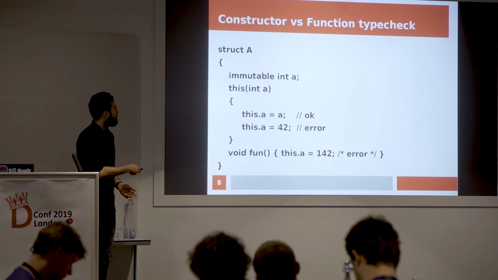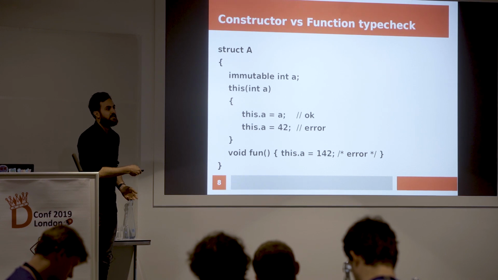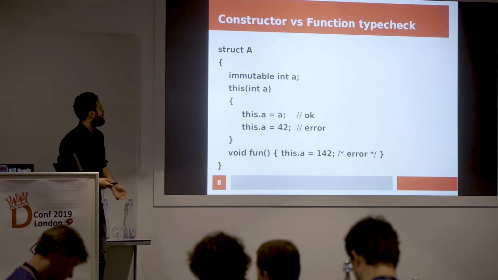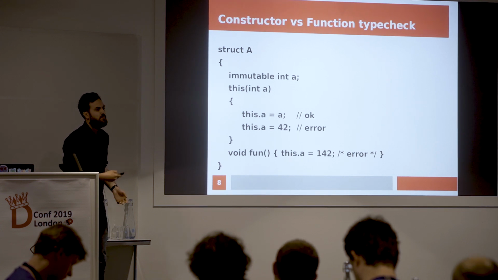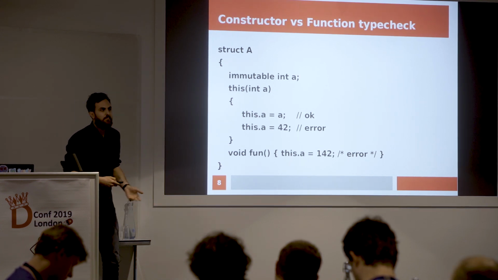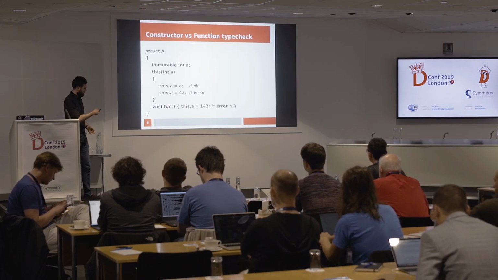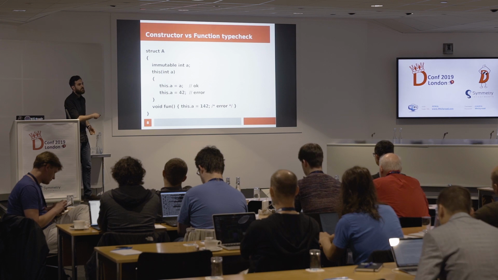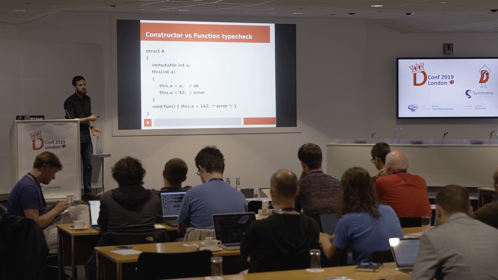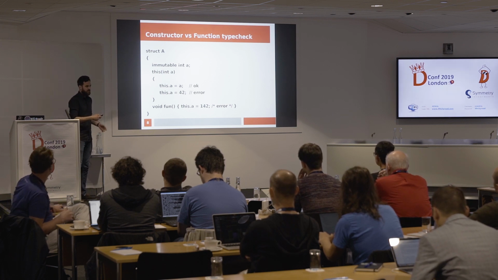Whereas, if you're in a normal function, this will be treated as assignment. So you will have an error right here. This is an important difference because if you would not be able to initialize this immutable field, then it would be pretty much worthless. So as you can see here, when I try to modify it, I'm going to get an error because I'm trying to modify an immutable field. Simple, right?